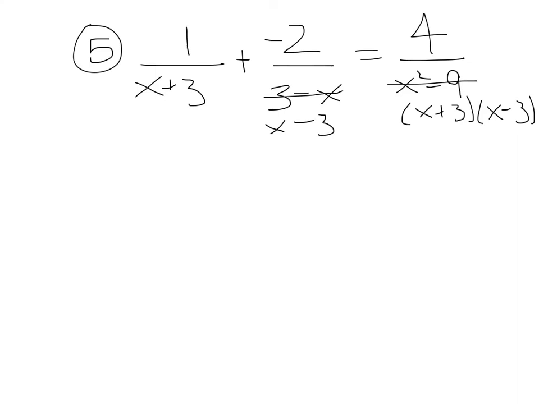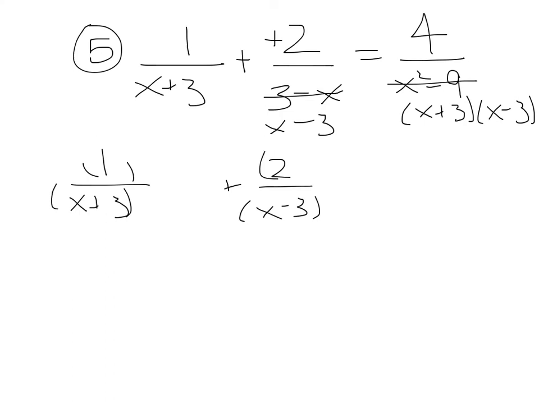So I can flip the 3 minus x and change it into an x minus 3, but I have to put that -1 somewhere. I'm going to put it right on top. So this problem becomes 1 over x plus 3 plus 2 over x minus 3 equals 4 over x plus 3 times x minus 3.